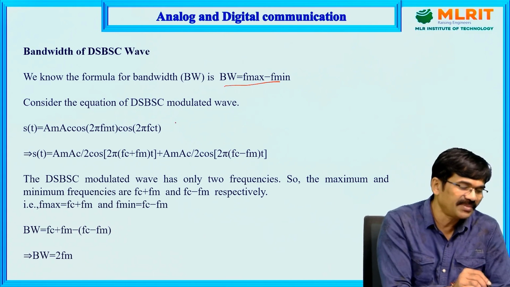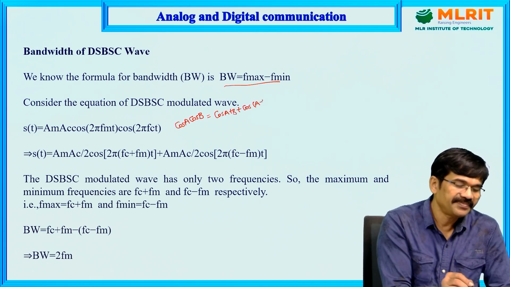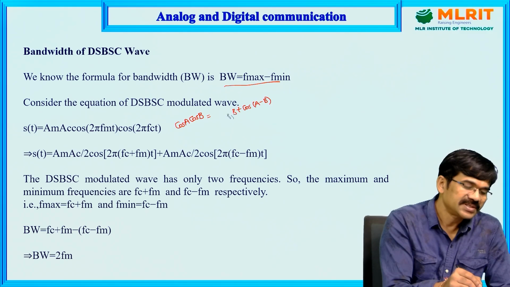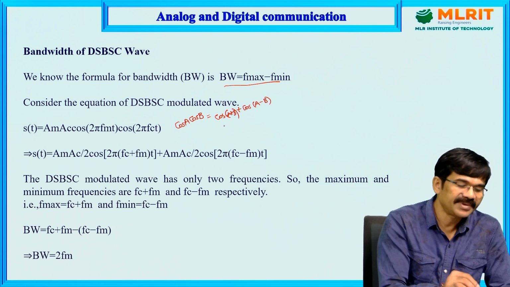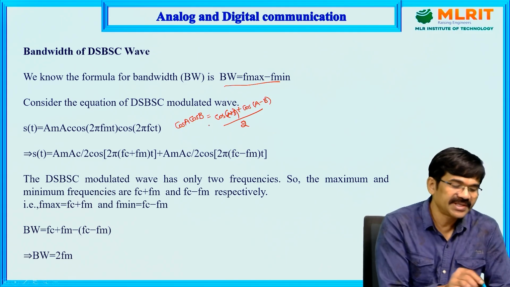This expression is in the form of cos A cos B. Actually, the formula is 2 cos A cos B is equal to cos(A+B) plus cos(A−B). So now this expression I am representing in the expanded form.